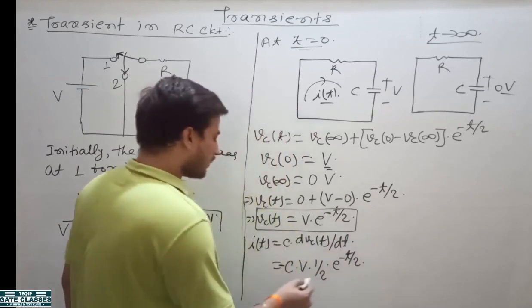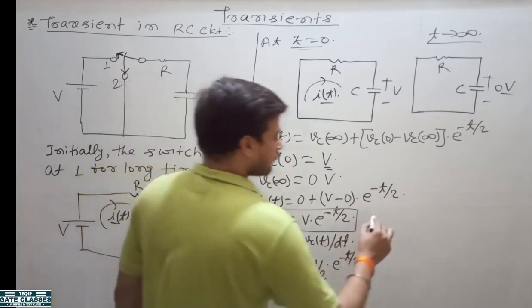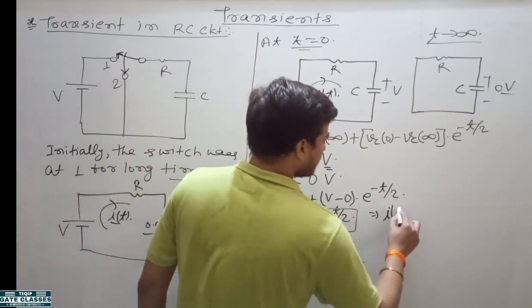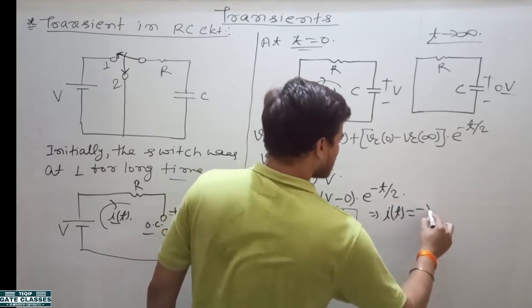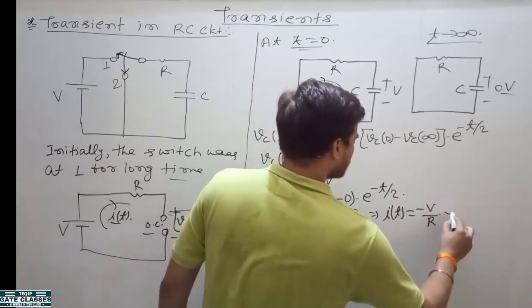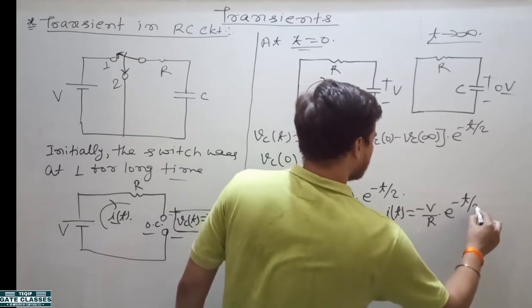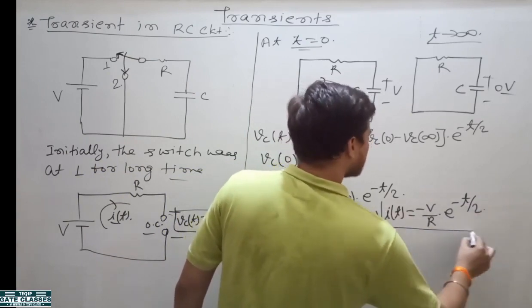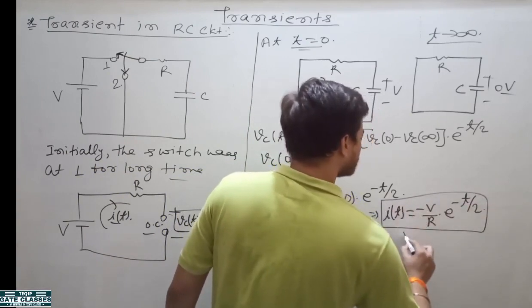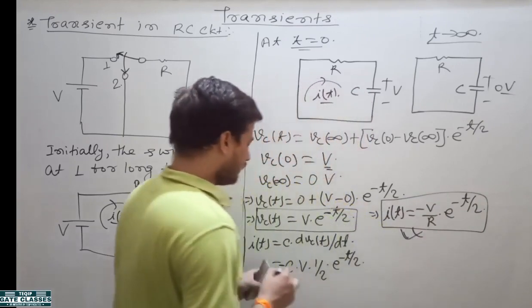Since tau is equal to RC, IT will be equal to minus V by R into e to the power minus t by tau.